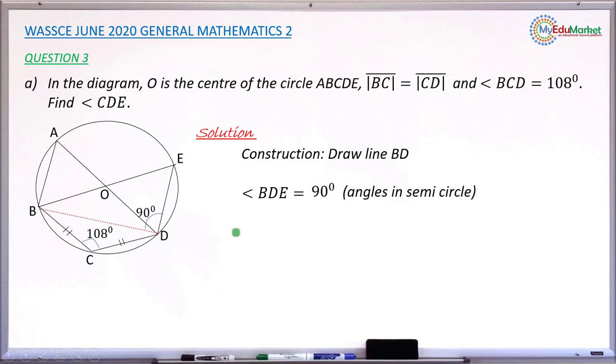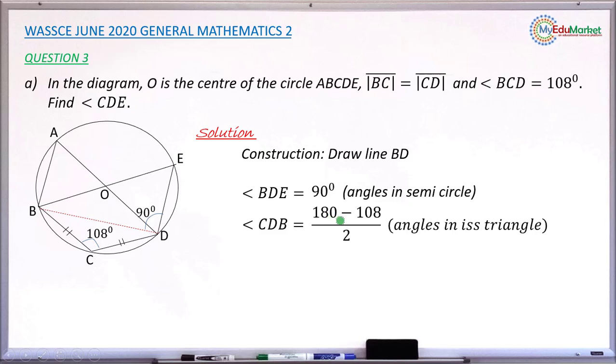Going back to the drawing again, triangle BCD will be an isosceles triangle because of these two sides that are equal, and this angle CDB will be a base angle. So to get one base angle, we subtract the third angle 108 from 180, which gives the sum of the two base angles.